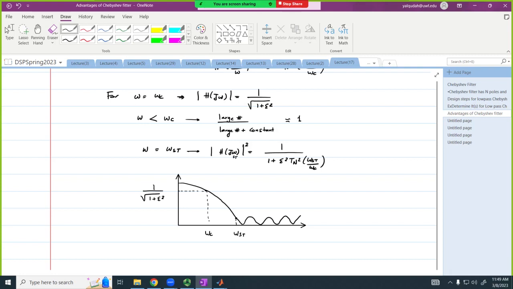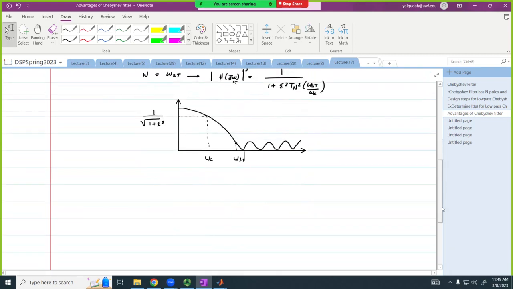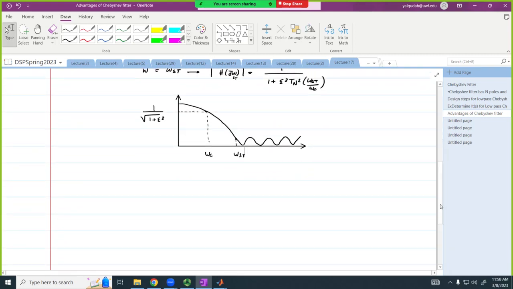Okay. Another filter that we can also design in the continuous time domain is the elliptical filter. So again, for all these filters, we're just going to mention them without designing them.